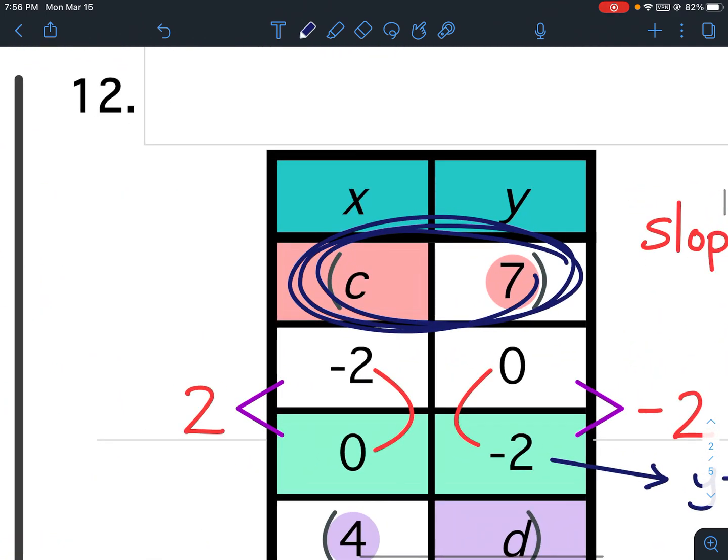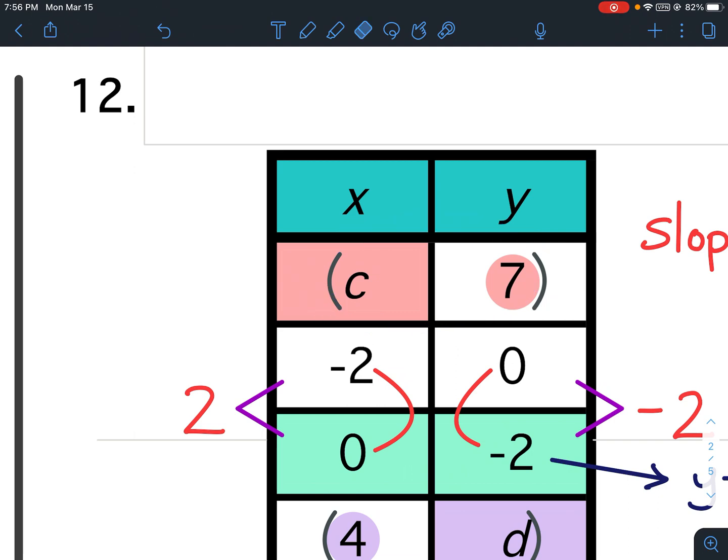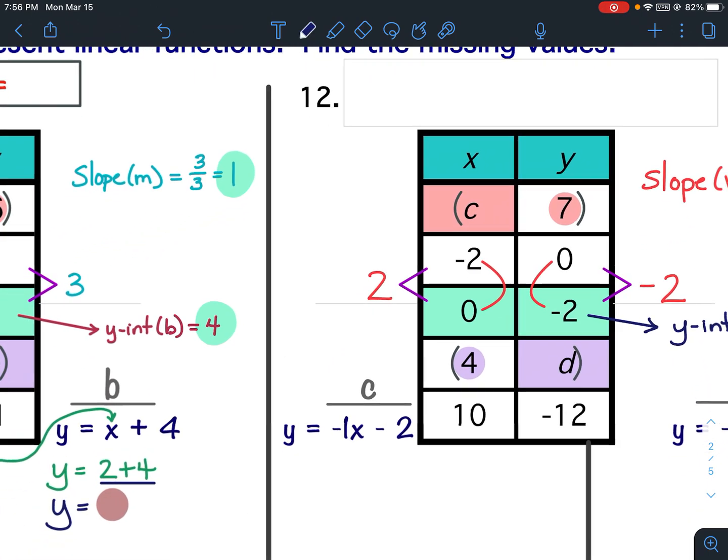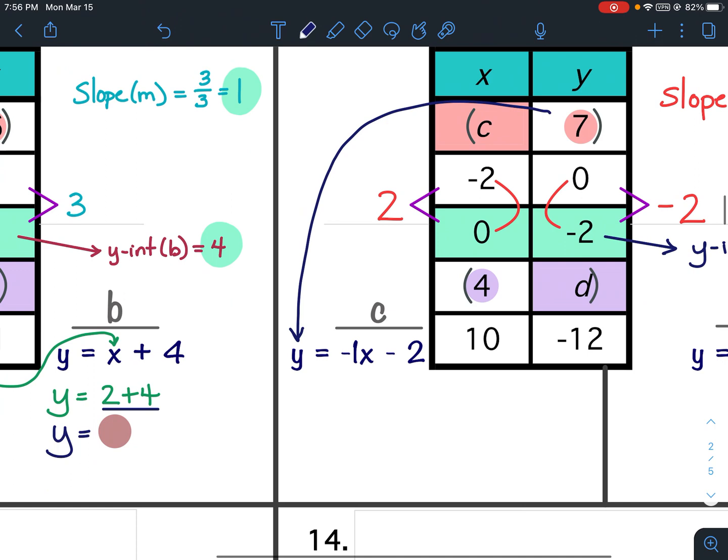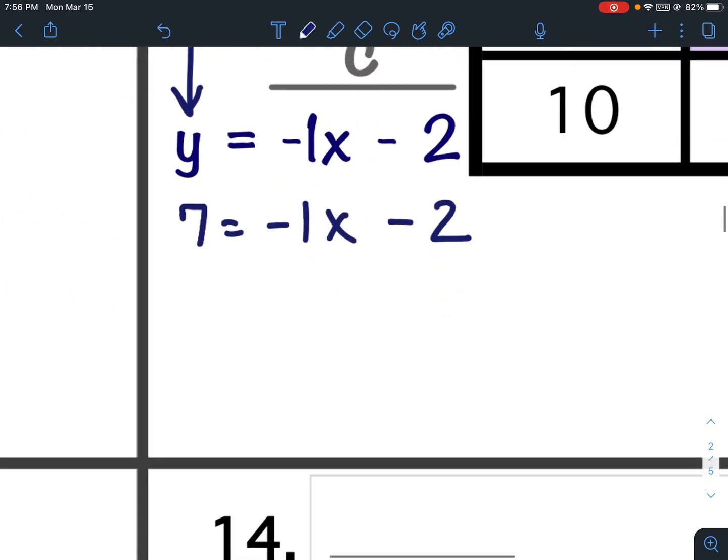I know that C is the x-coordinate and 7 is its corresponding y-coordinate. So I'm going to take that 7, plug it in for the y. And then you solve for x.